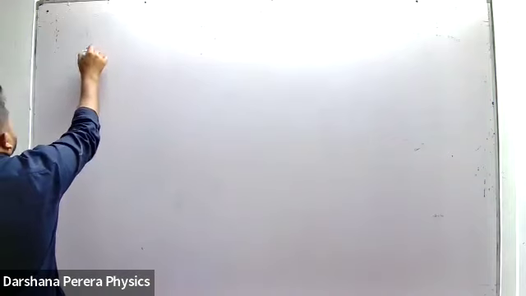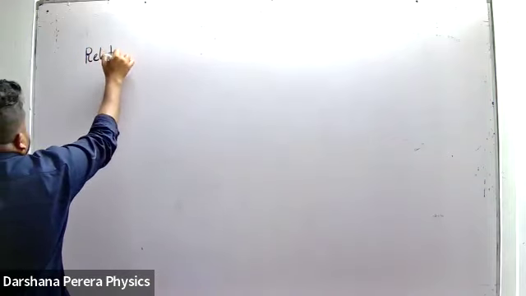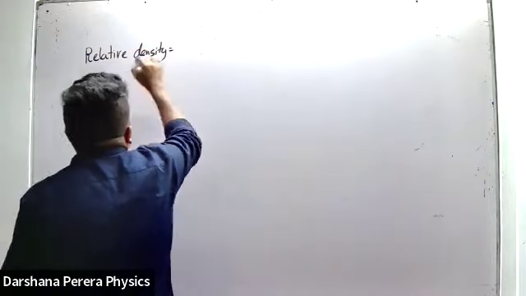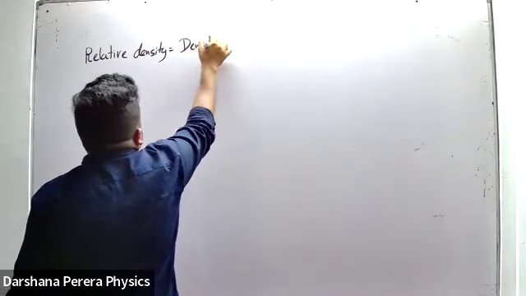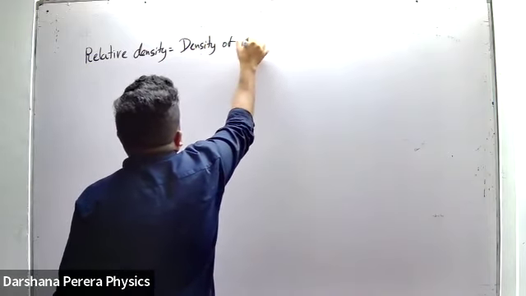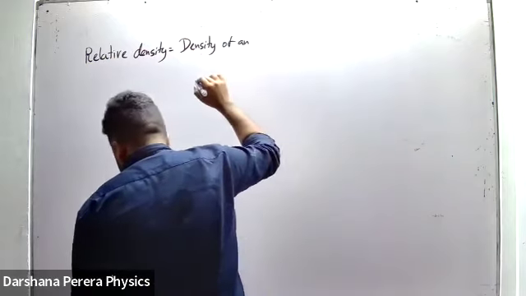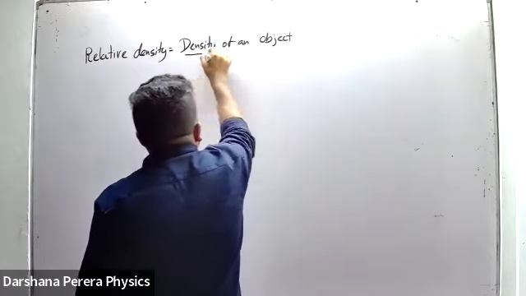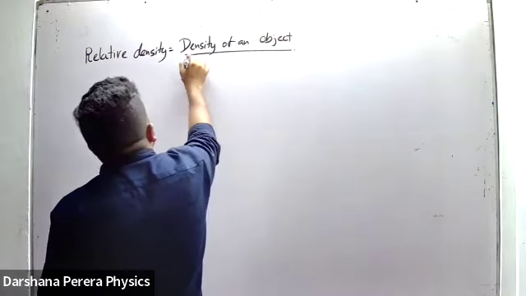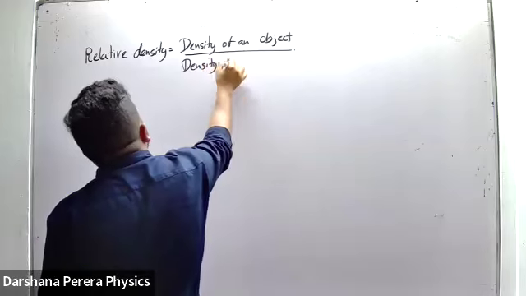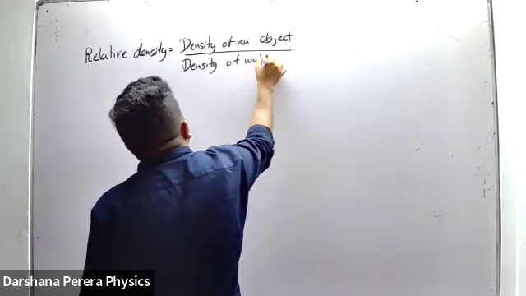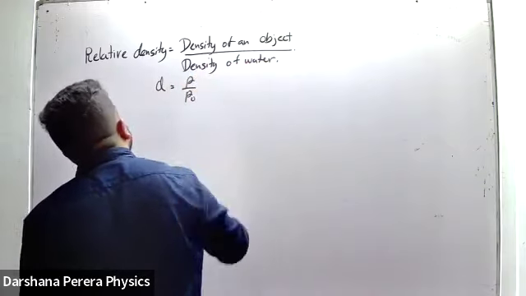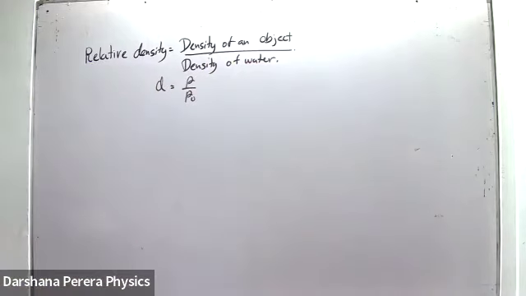Okay, what is the relative density or specific density? You know, relative density means the density of an object or matter over the density of water. D equals rho over rho naught. We know that thing, right?